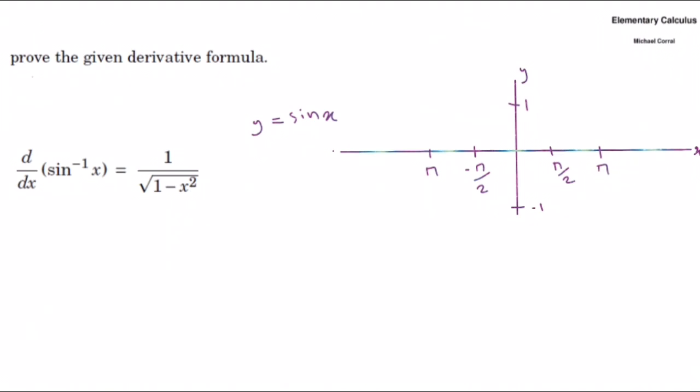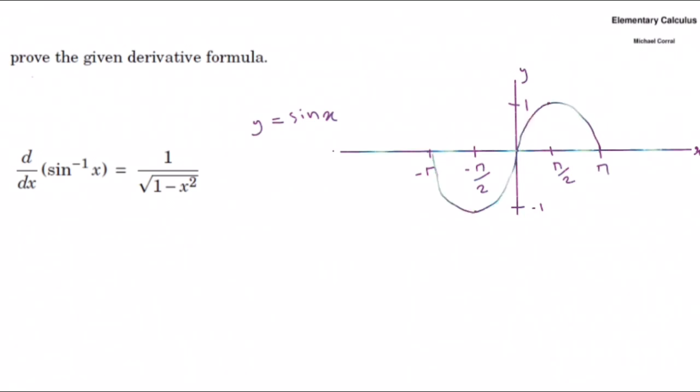The sine of pi over 2 equals 1, and at negative pi over 2 equals negative 1, and at 0 equals 0, and at pi equals 0, and at negative pi equals 0. So we have a graph like this.